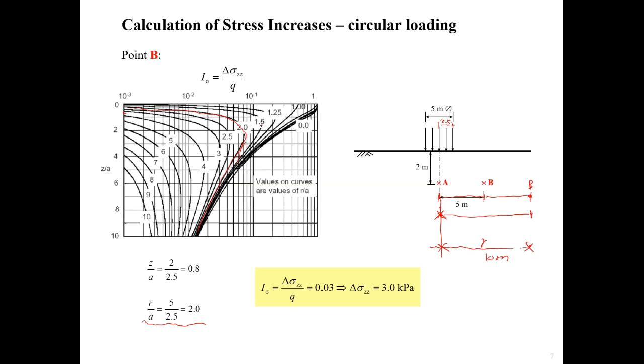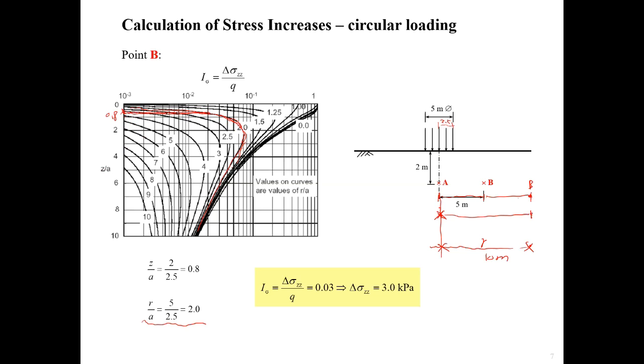Sir, how are we going to find the number we need from the graph? I'll show you one example. You just highlight this R over A on the chart. Obviously this is the R over A line because that's 2. Then you find the vertical axis J over A, that's 0.8, and label it here.